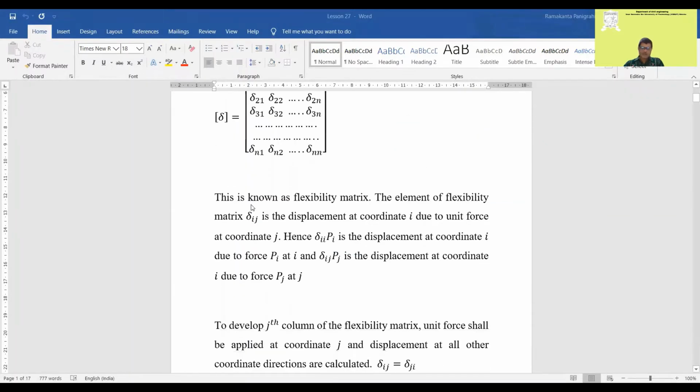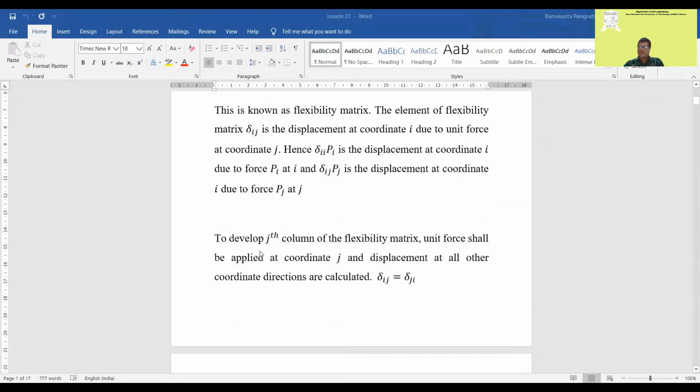So how to find the jth column of the flexibility matrix? As we have discussed earlier, to develop the jth column of the flexibility matrix, a unity force shall be applied at coordinate j. In the first column you apply the unity force at coordinate 1. So first you have to identify the coordinates.